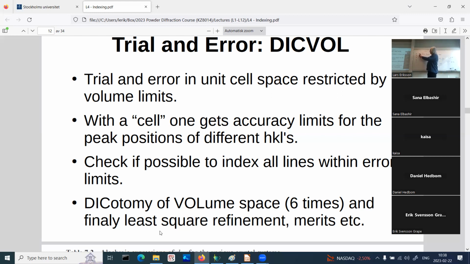Is it possible to find approximate HKL for the first line, perhaps that one? There could be several HKL, and that is unfeasible, of course, but better with too many than too few. And then we make a dichotomy.